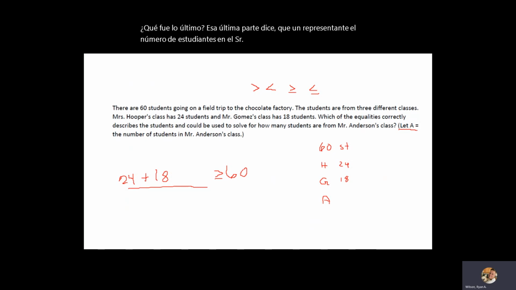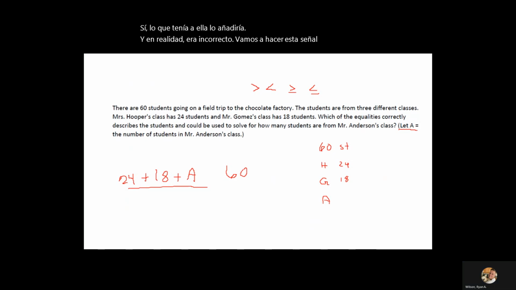So what would I do to represent Mr. Anderson's class? I would add A. So all of those. And actually, I was incorrect. We're going to make this an equal sign because it does have to equal 60. We just wrote the equation for Mr. Anderson's class.